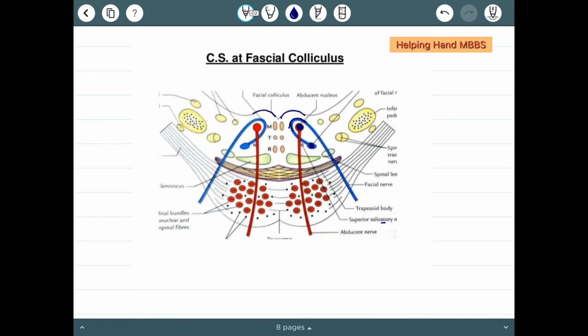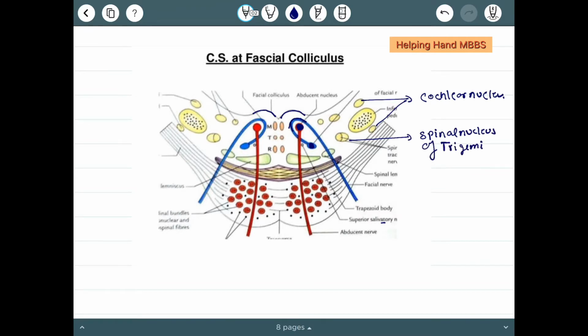There are many structures present in this, and I will tell you only the relevant structures which are necessary to learn. These two are the cochlear nuclei. This is the spinal nucleus of the trigeminal nerve.